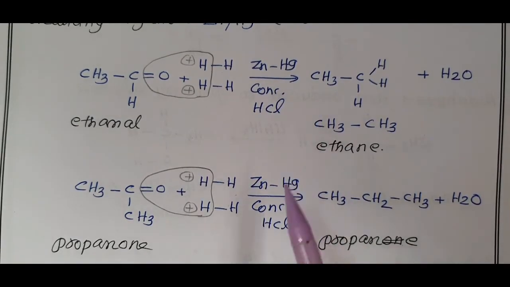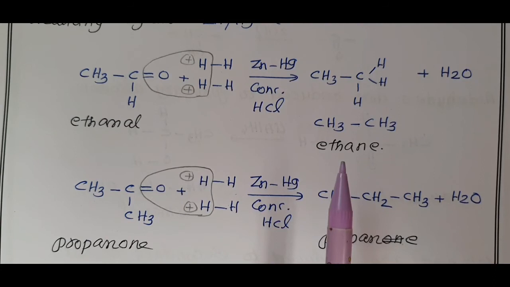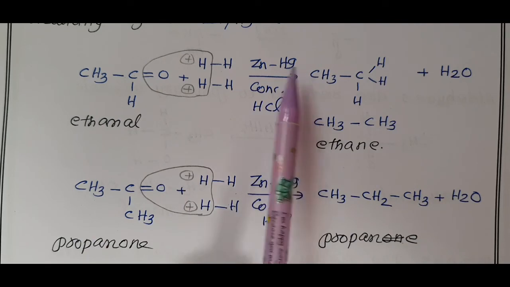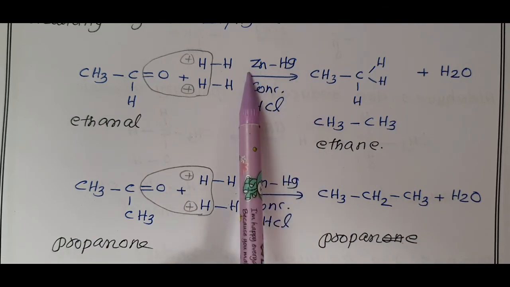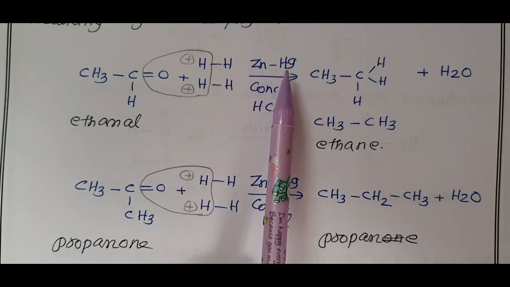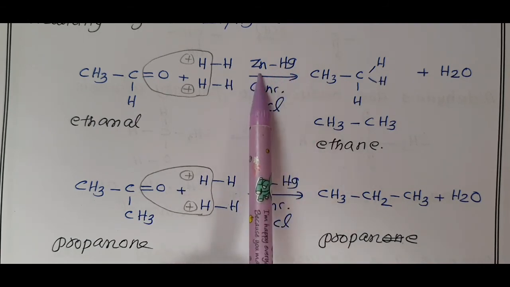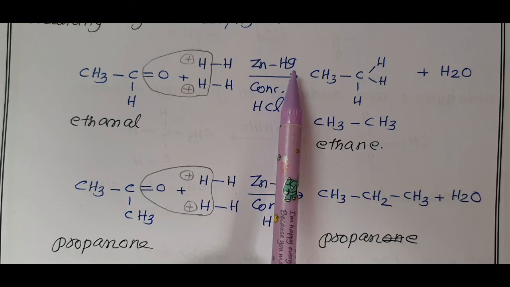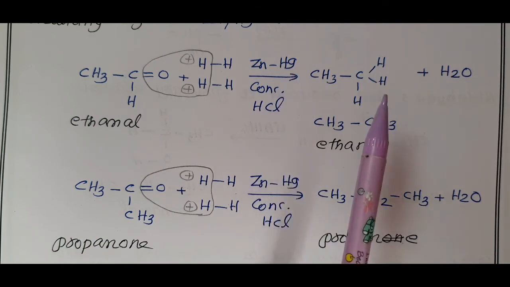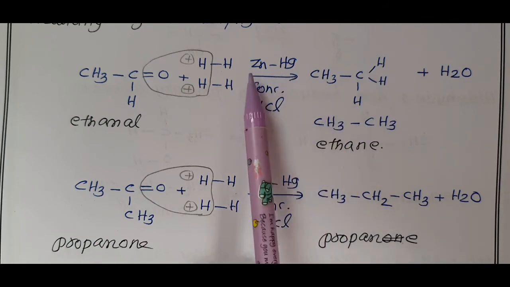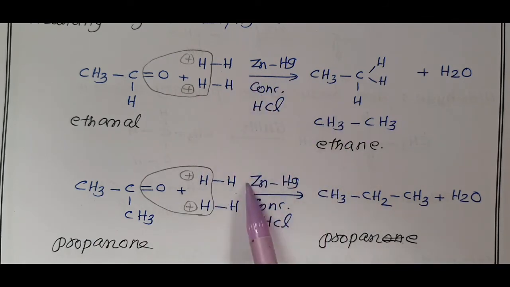Now, in Clemmensen reduction, the zinc is activated by mercury by dissolving zinc in Hg. That means individual atoms of zinc are distributed evenly in the alloy. We know what is meant by amalgam: any metal forming an alloy with mercury is called an amalgam.